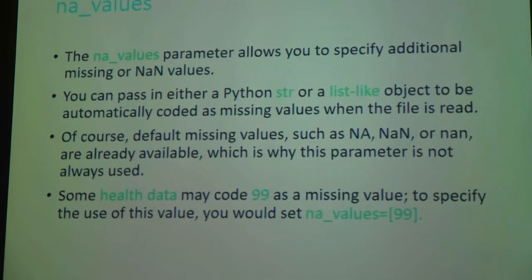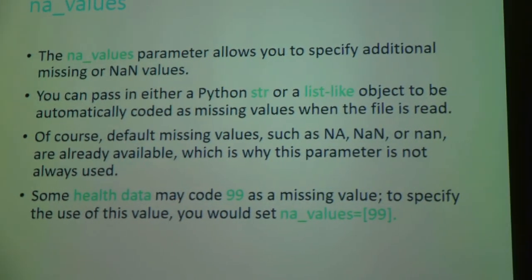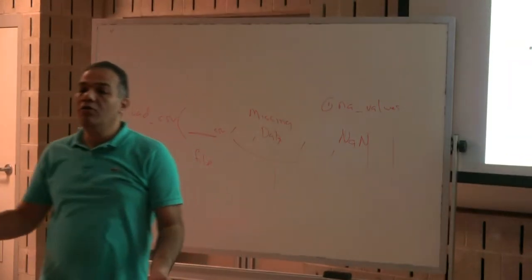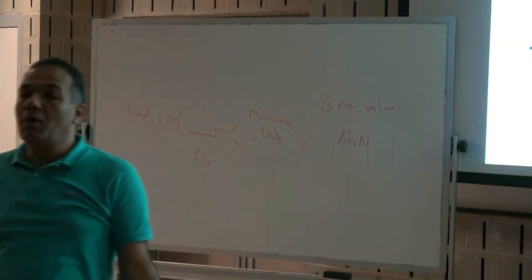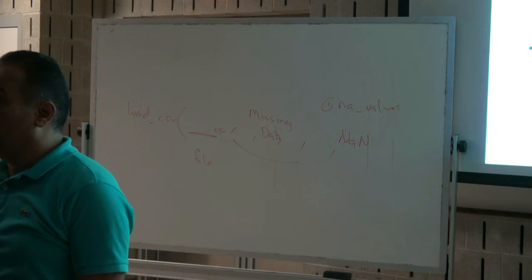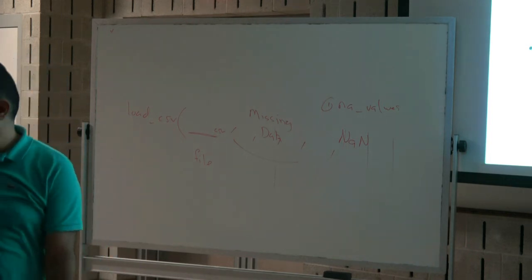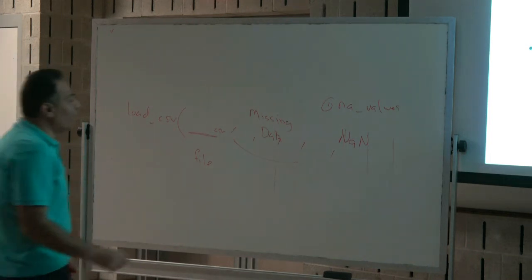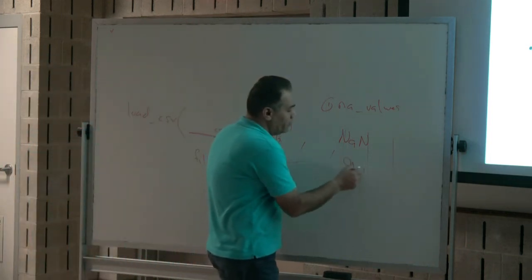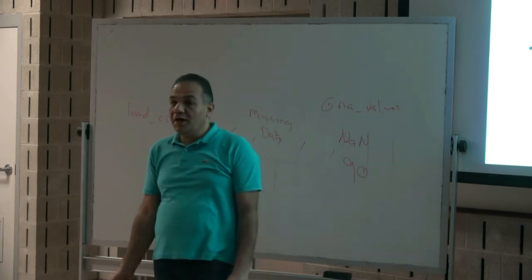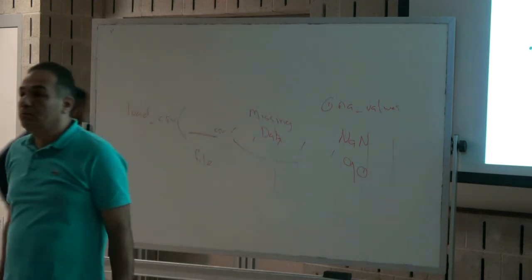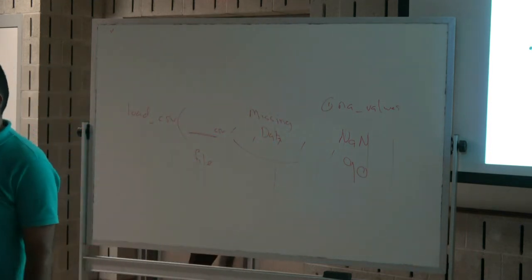If there is missing data, by default it will be NaN. But sometimes, like in health data collection, some numbers mean missing data. For example, in the health industry, when there is no value, you substitute it with 90. So 90 means no data.